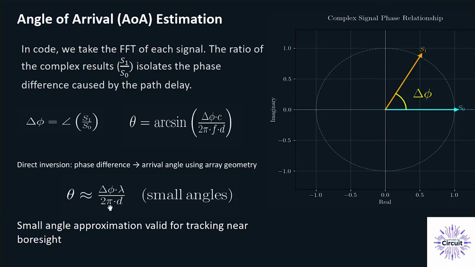Sometimes you need to do these linearizations and assume some small angle of arrivals, especially when you are creating feedback loops, which we are going to see in the next video.